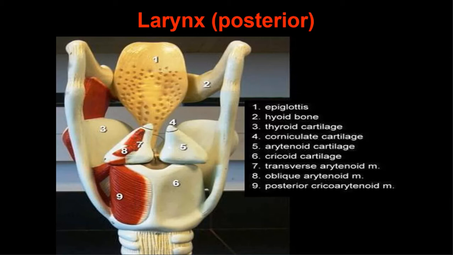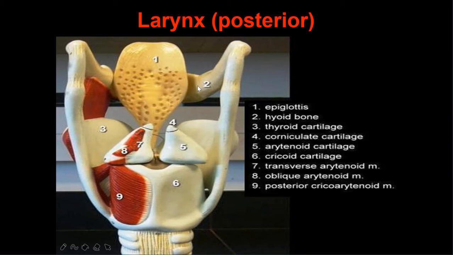This is again the posterior view of the larynx. You can see the epiglottis, the posterior surface of the epiglottis. The epiglottis has two surfaces: anterior and posterior. The posterior is the laryngeal surface, and the anterior is the lingual surface. The surface which faces the base of the tongue is the lingual surface, and the posterior one is the laryngeal surface.